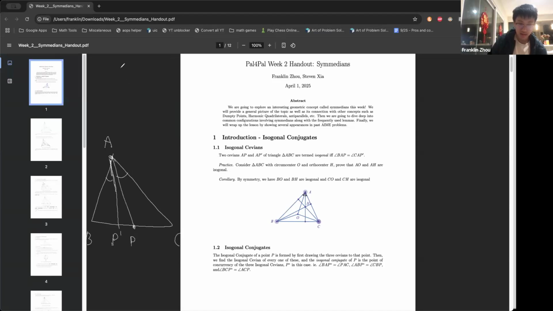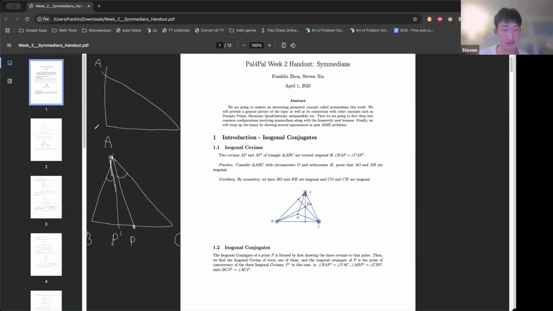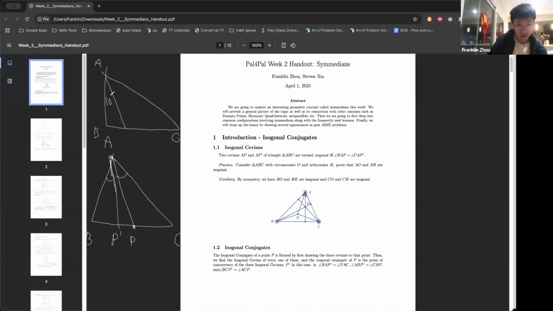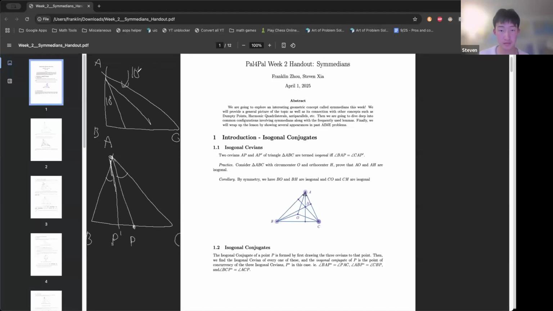For example, using some numbers, if this is 10 degrees and this one's also 10 degrees, we would call AD and AE isogonal. So that's just an example.